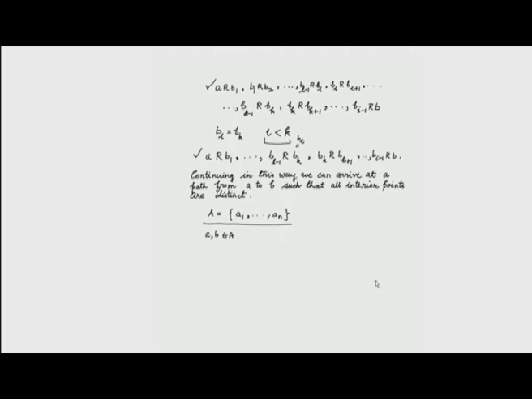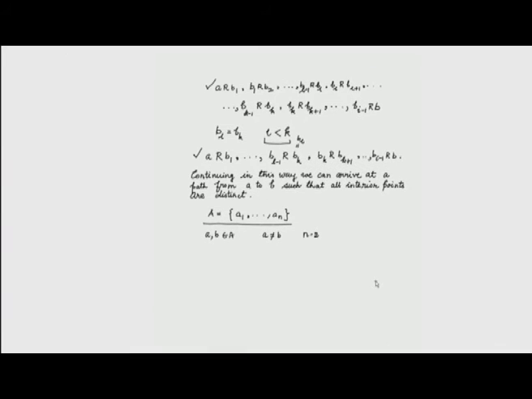Therefore, if A and B are different and both are in A, the number of possible interior points that we can get is n minus 2.